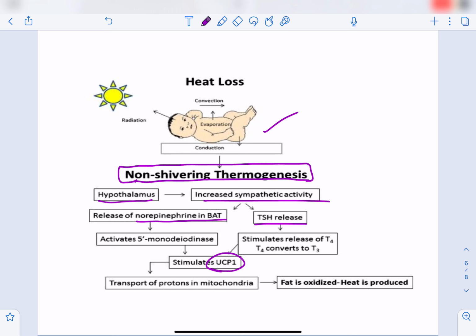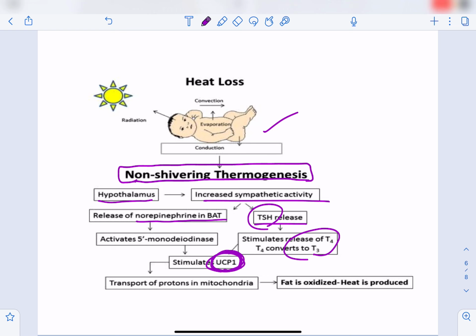So whether it is brown adipose tissue or thyroxine, which releases thyroid hormones from the thyroid, both stimulate the uncoupling protein 1, or thermogenin. This thermogenin is responsible for uncoupling oxidation from phosphorylation. As it does this, the energy is liberated as heat.